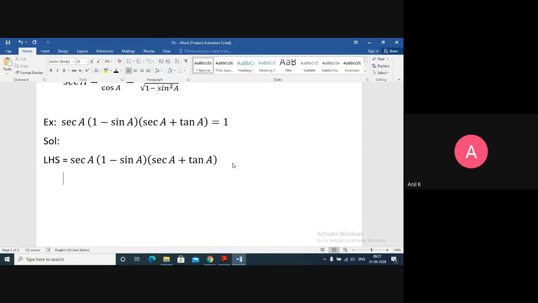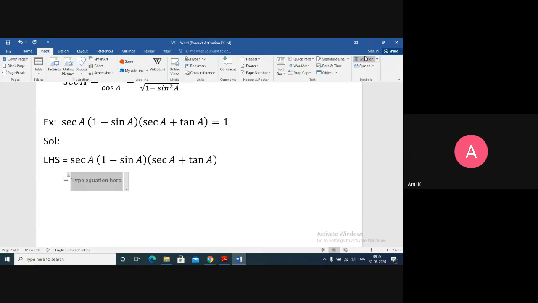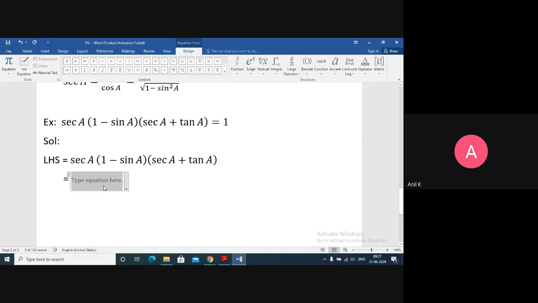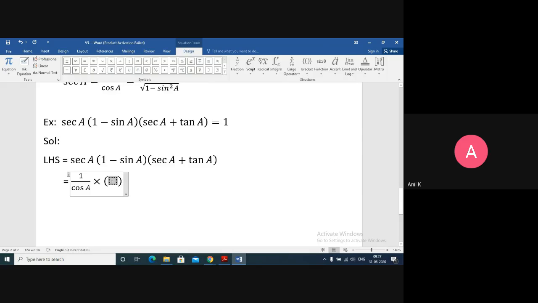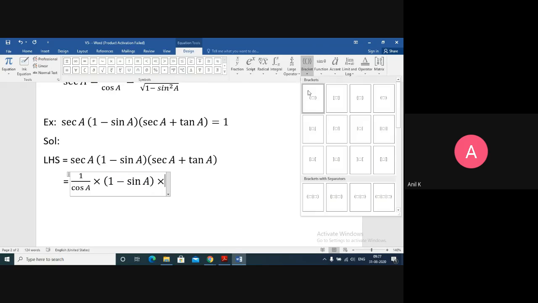So now, which is equal to, sec A, you can write it as 1 upon cos A. It can be written as 1 upon cos A multiplied by, the next one I'll keep as it is, 1 minus sin A, multiplied by, the next bracket I'll simplify.